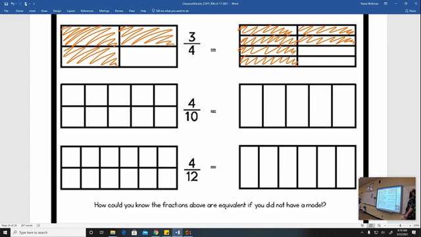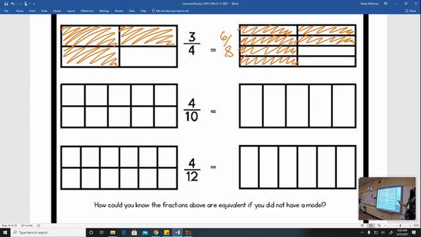Now, if you imagine it without the lines in it, is that not exactly the same? It looks exactly the same, doesn't it? So if I colored in 1, 2, 3, 4, 5, 6, we know that that's our numerator. But what's our total there? What's our denominator, Jack? 6/8.